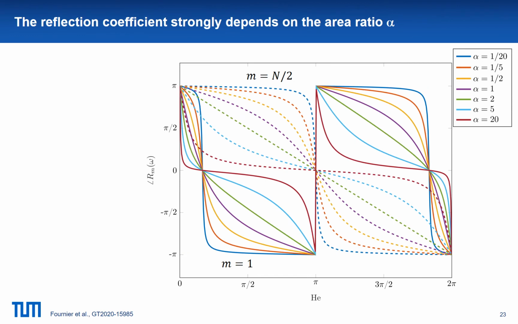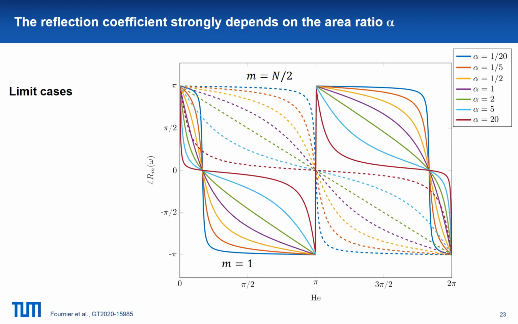The reflection coefficient will also strongly depend on the area ratio alpha. You can see here the full line that represents the first azimuthal order and the dashed line that corresponds to the azimuthal order n over 2. The color indicates the area ratio. We can distinguish two interesting limit cases.